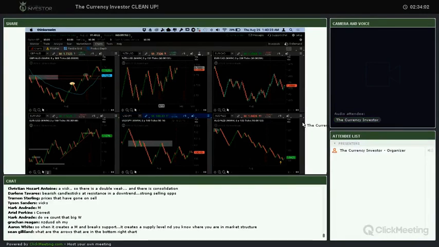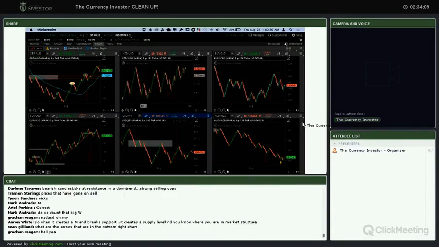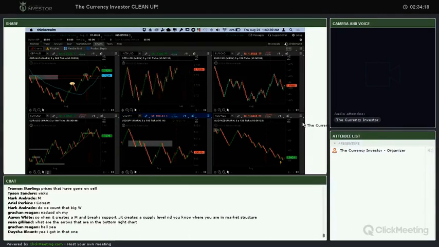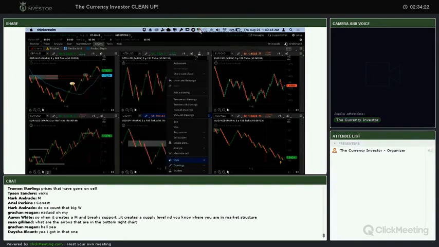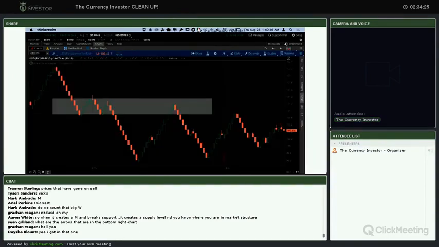NZDUSD. But we're going to look at that some more, so don't even worry about it. Once I make the decision to go to work on a chart, this is what I'm looking at.